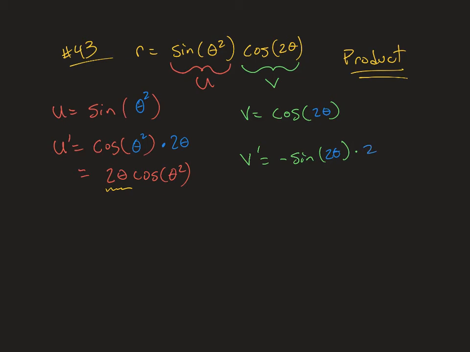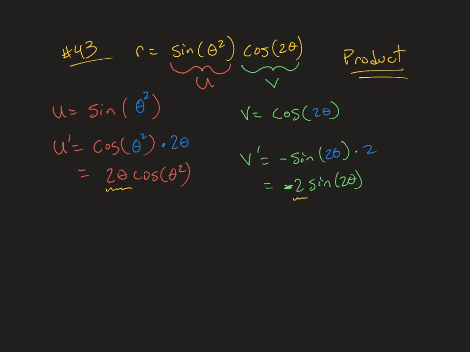And so when I write this V prime, I write negative 2 sine of 2 theta. The derivative of the cosine is the negative sine, and the derivative of the 2 theta is 2. So again, there's this little chain rule piece right here, this 2 that we have to make sure is included.